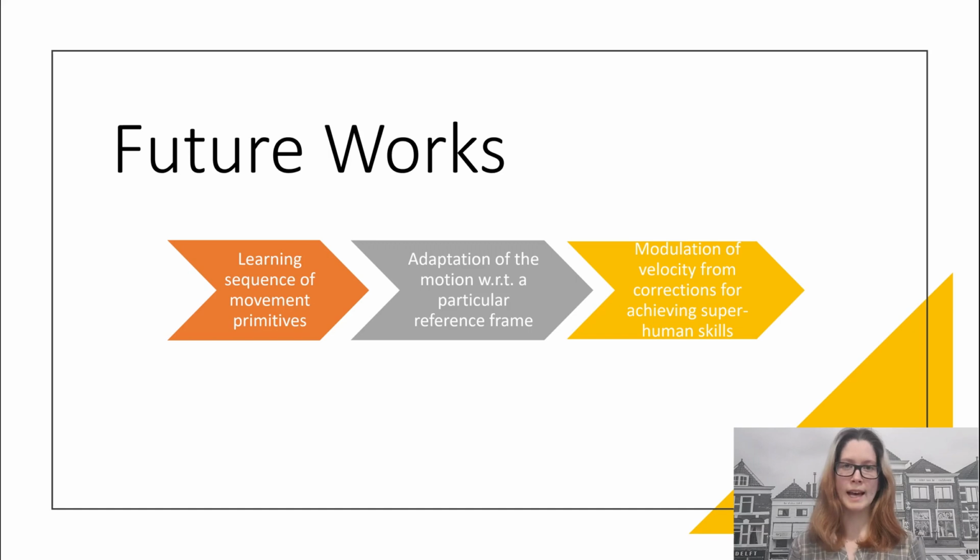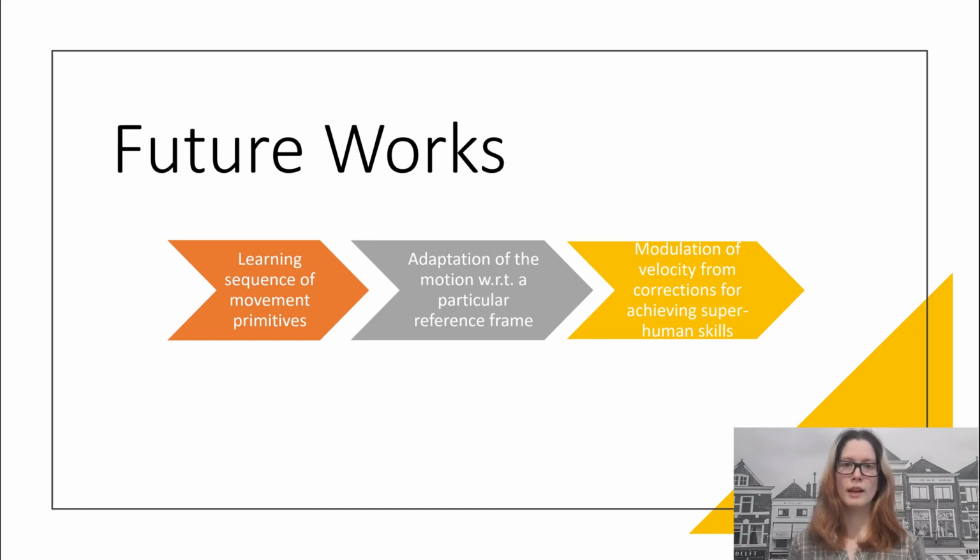However, if we consider tasks such as assembly, where we have to grasp objects and bring them to different locations, it makes more sense to learn a policy which adapts with respect to a particular frame, such as that of the object or goal.